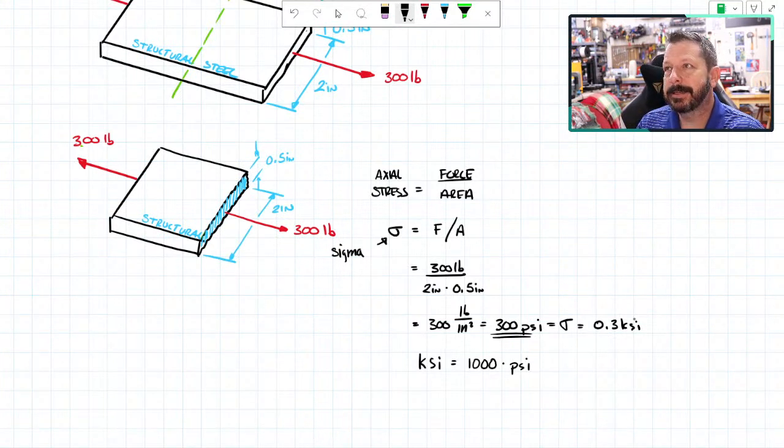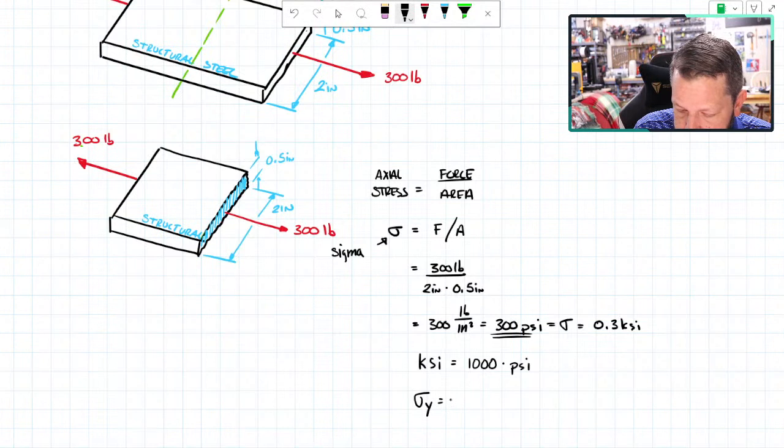Yielding in the sense that it is the point where the material, in this case the structural steel, begins to yield, which means that it begins to stretch to the point that it will never go back to its original shape without forcing it to. It won't just snap back. I'll usually say sigma y is the yield strength. Sigma y equals yield strength, the same thing as what your book is calling elastic strength.